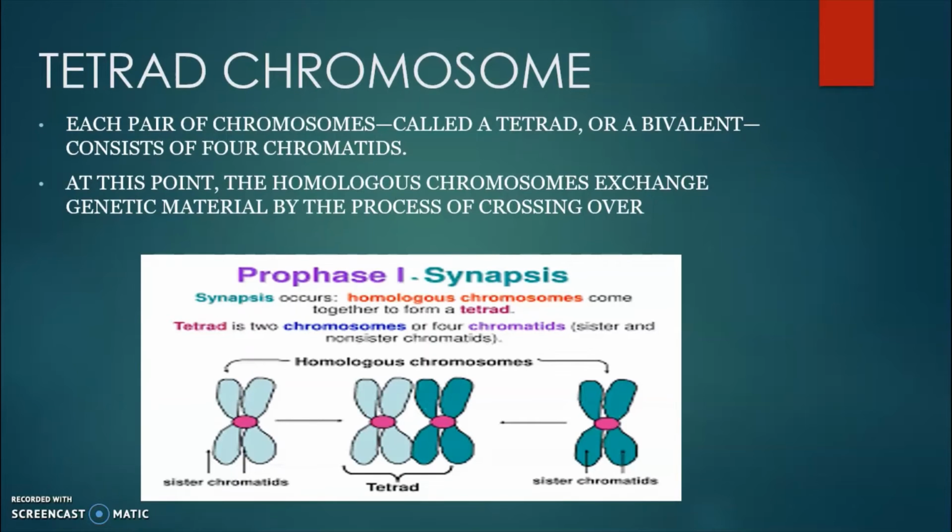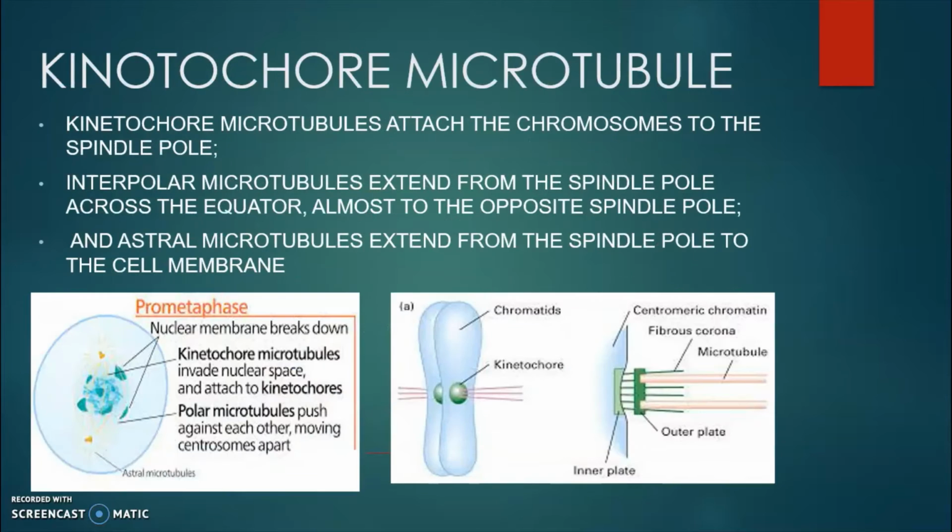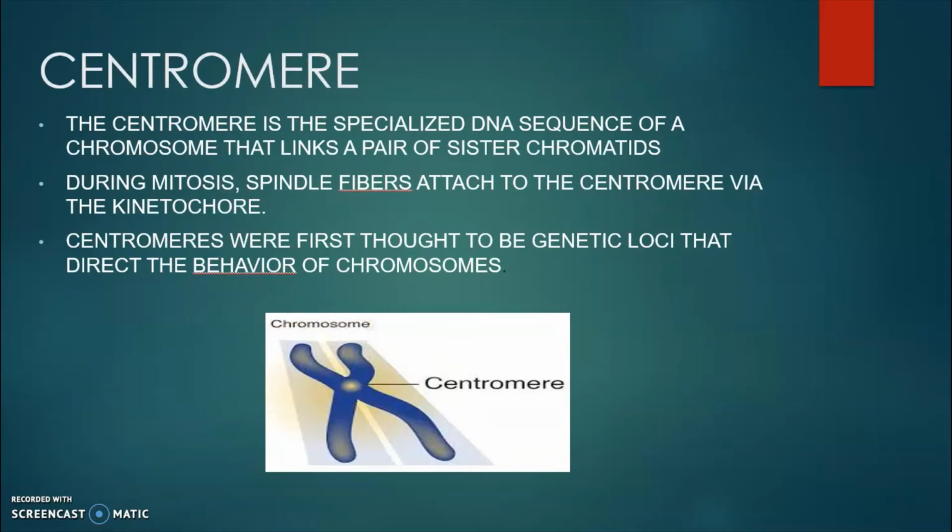Next would be the centromere. The centromere is the specialized DNA sequence of a chromosome that links a pair of sister chromatids. During mitosis, spindle fibers attach to the centromere via the kinetochore.